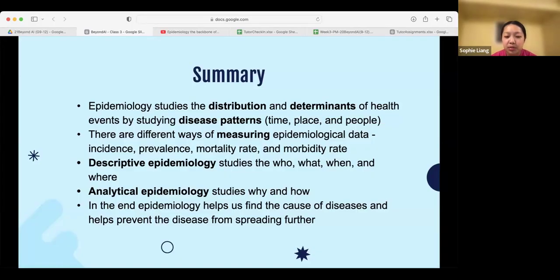Descriptive epidemiology studies the who, what, when, and where, and analytical epidemiology studies the why and the how. But in the end, epidemiology helps us find the cause of diseases and helps prevent some diseases from spreading further.